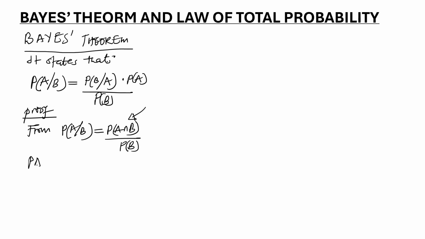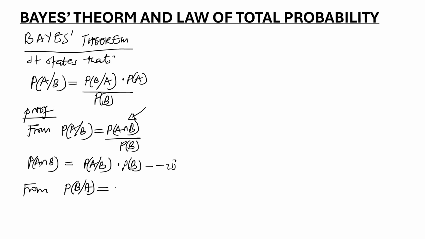So the probability of A intersection B will be given as the probability of A given B times the probability of B. Let's call this equation 1. Now let's consider the second case, the other way around. The probability of B given A is expressed as the probability of B intersection A divided by the probability of A. Let's again make the intersection the subject.